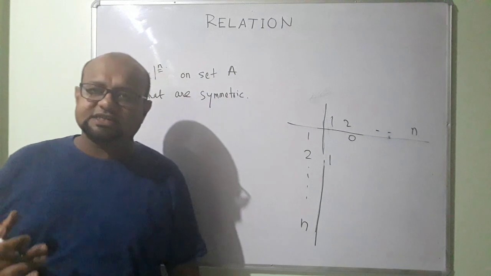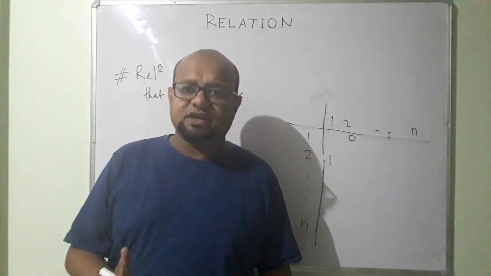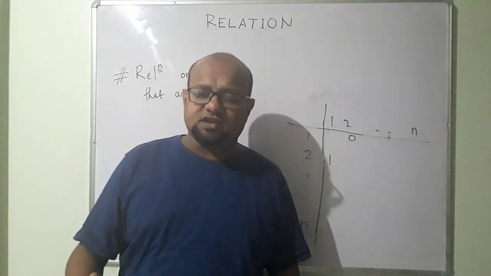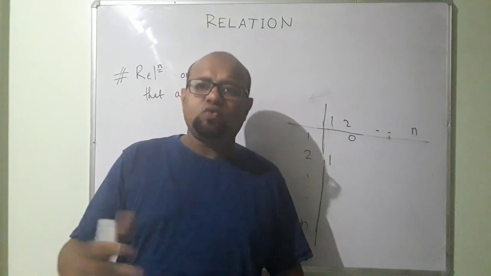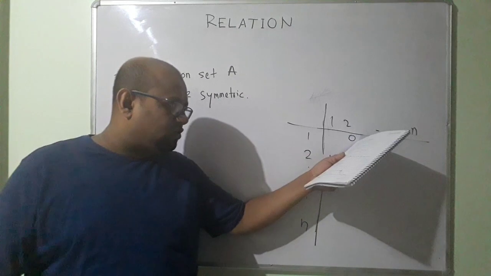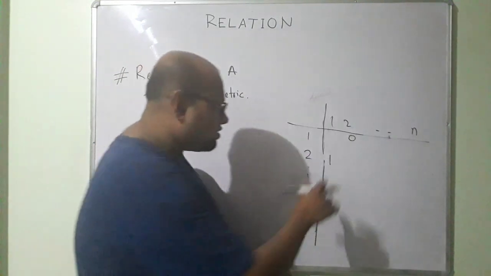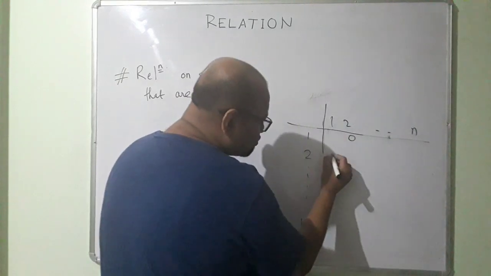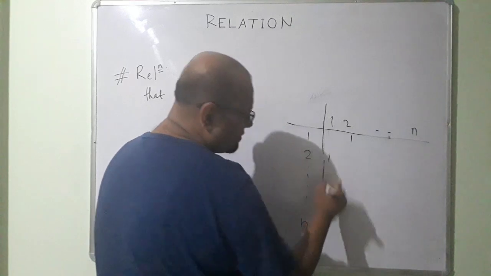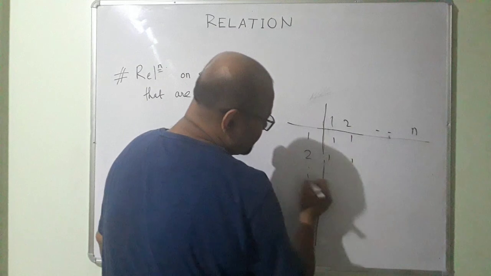The definition of a symmetric relation says that if there is some AB in the relation, then BA should also be in the relation. That means if (2,1) is in the relation, then (1,2) should be in the relation, and vice versa. So if I have a 0 in here, this should be 0. If I have a 1 in here, this should be 1. Only along the diagonal are they independent.